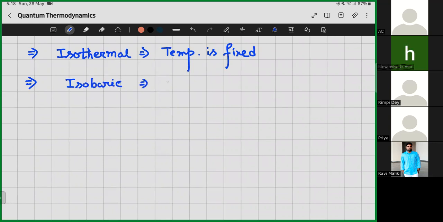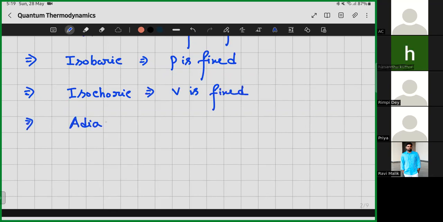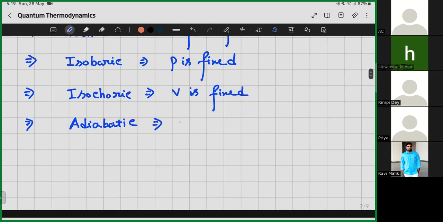We know these things. Isochoric and adiabatic, basically. Here dQ equals 0. There will be no heat exchange. Okay.